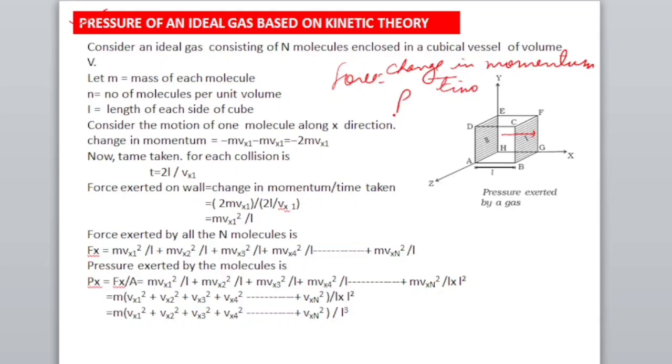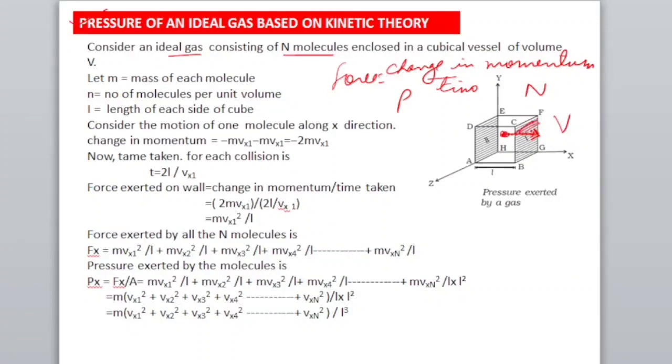In this way, I am going to derive the pressure exerted by the gas molecules on the walls of the container, right? For this, first consider an ideal gas consisting of a total of n molecules enclosed in a cubical vessel of volume V. Here, I am considering the motion of only one molecule, which is moving along the x-axis.